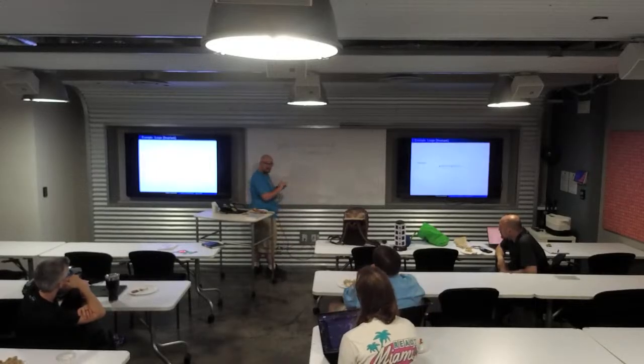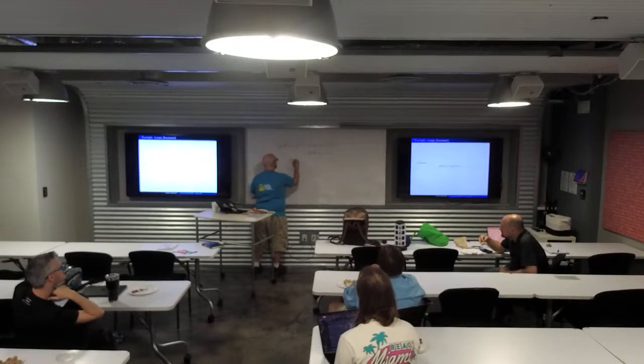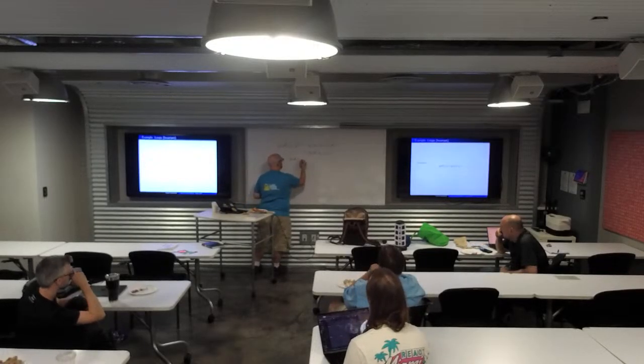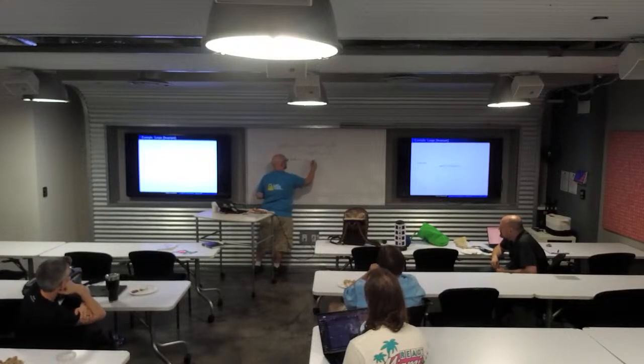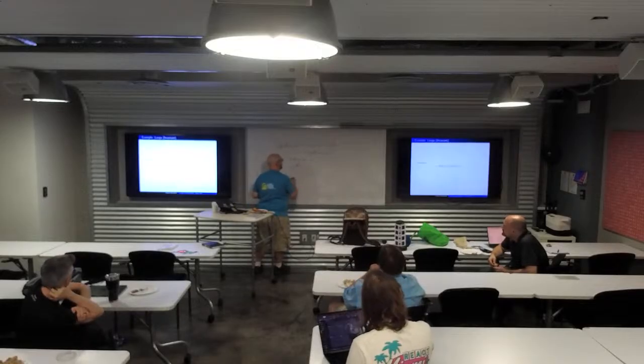Now I'm going to use Dijkstra's guarded command language for this one. GCD of A and B. Okay, we'll do this.